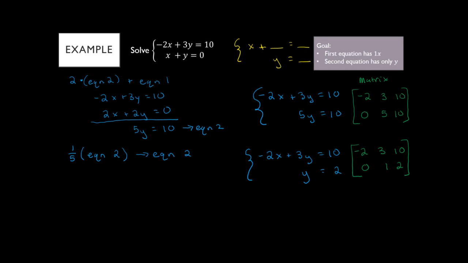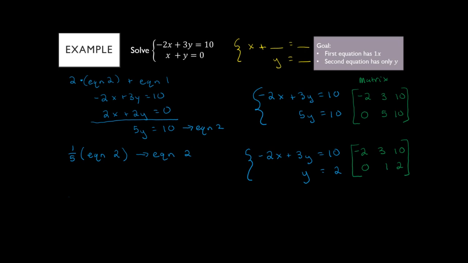Now we need to start working on the row above it. We have x plus something, and we need to get that coefficient in front of the x to be gone. We have a -2, and we need to get rid of it by multiplying both sides by -1/2.